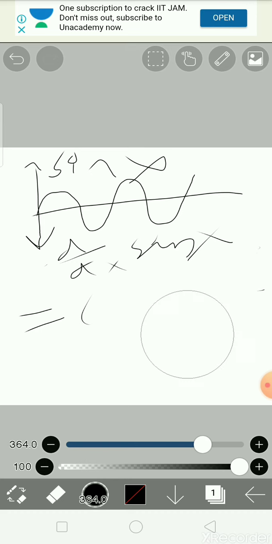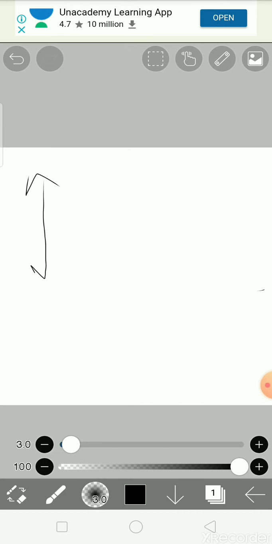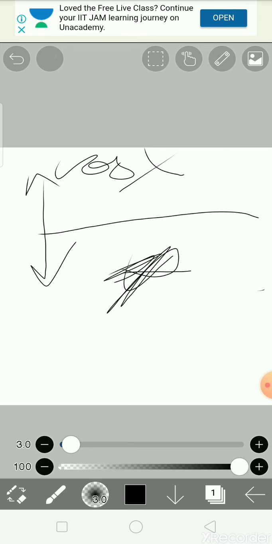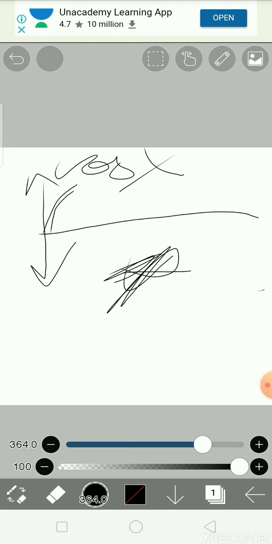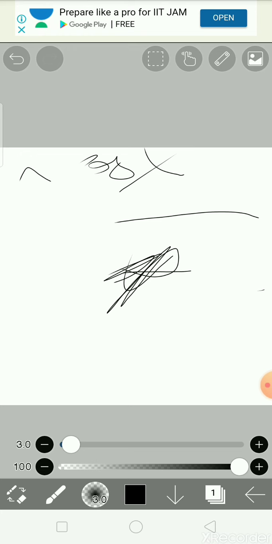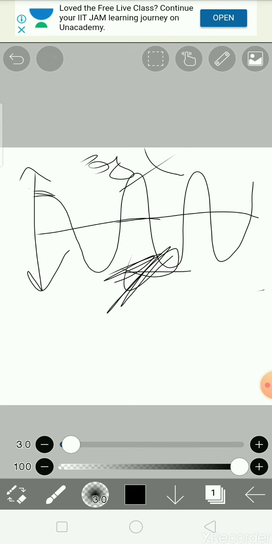Again, here is the graph of cos x with respect to x. First, I'm drawing that of sine. Here it's 1 initially, it decreases, fluctuates again like this.